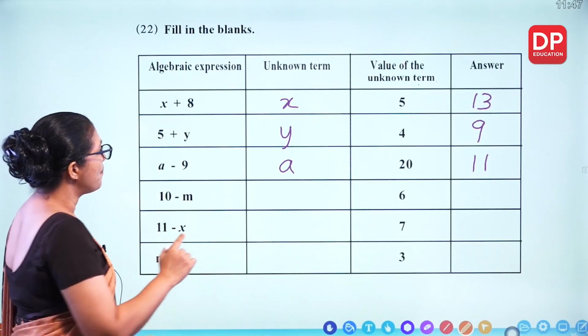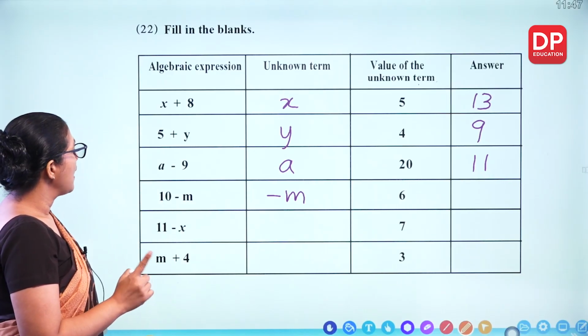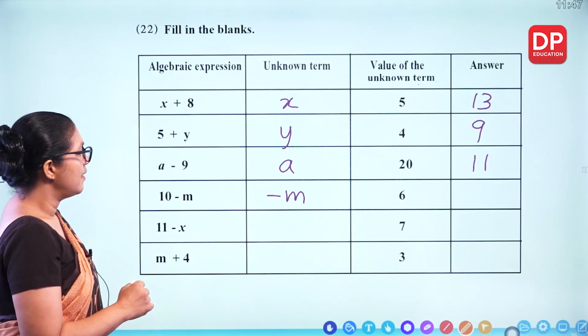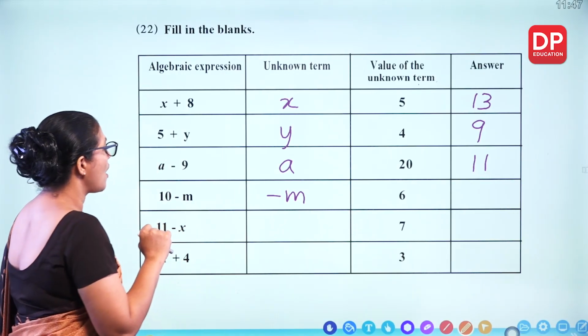10 minus M. Minus M is the unknown term. M is 6.